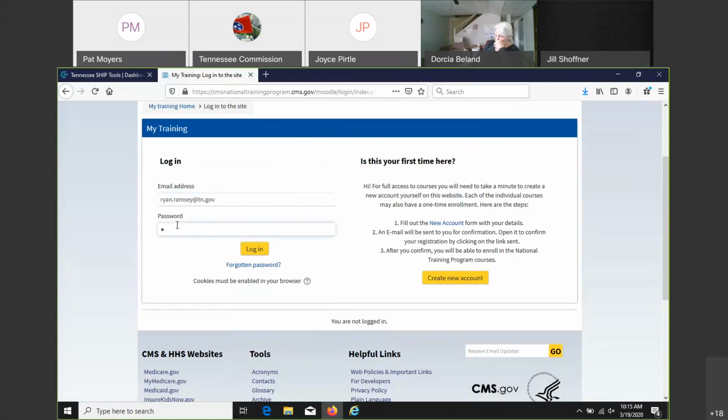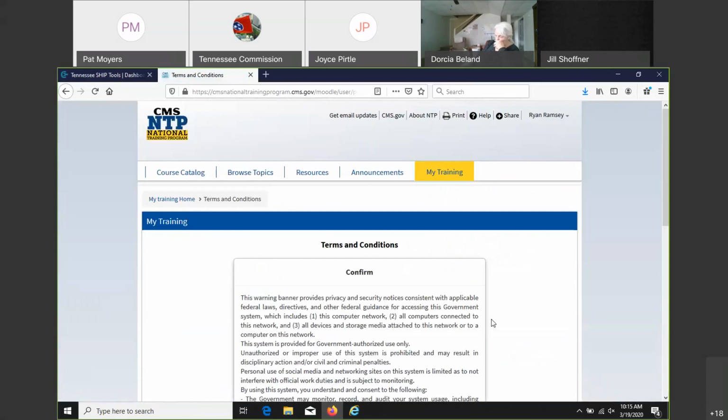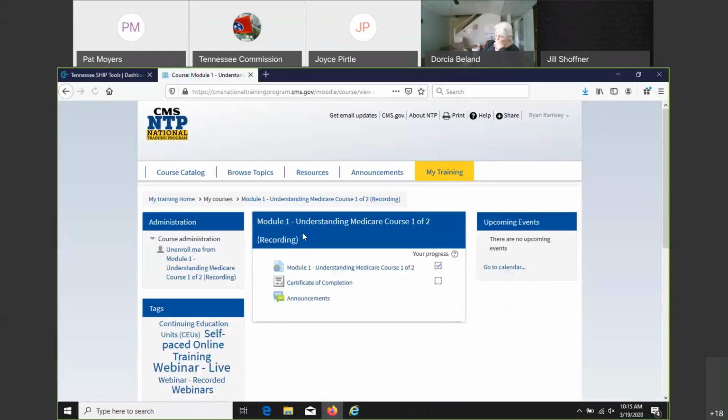I'm sure that they are not going to be showing any of my passwords here. And then obviously if you do not have an account set up, then instead of just logging in, you would sign up for that. And then once you sign up and get logged in, then that would take you straight through to this.